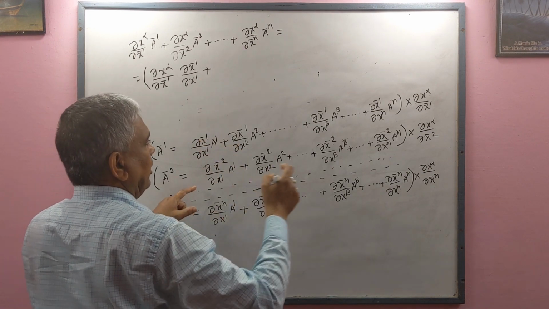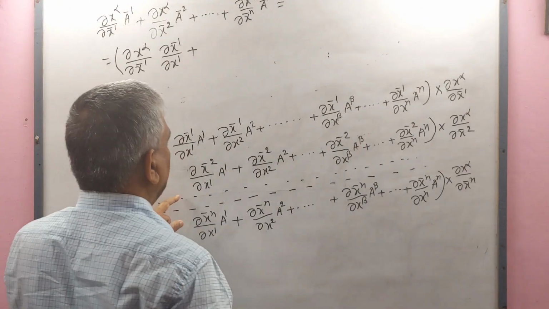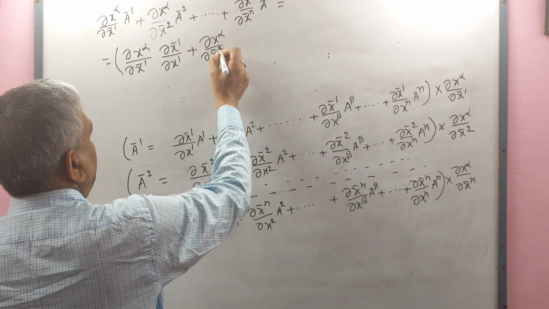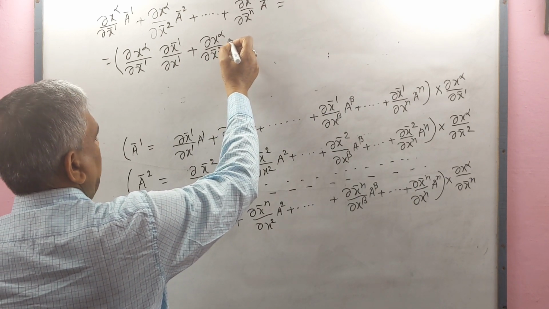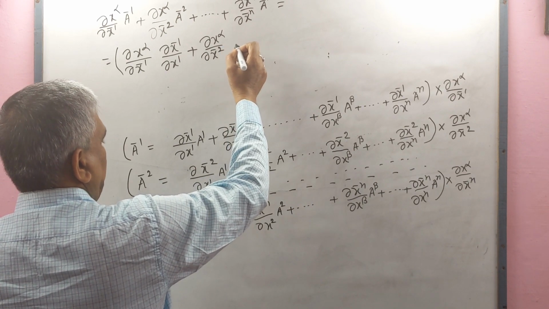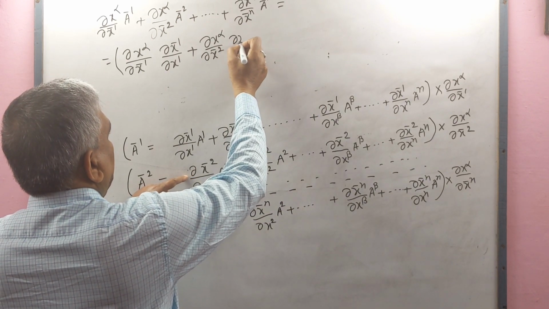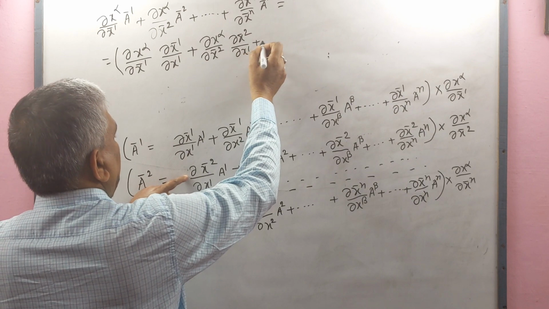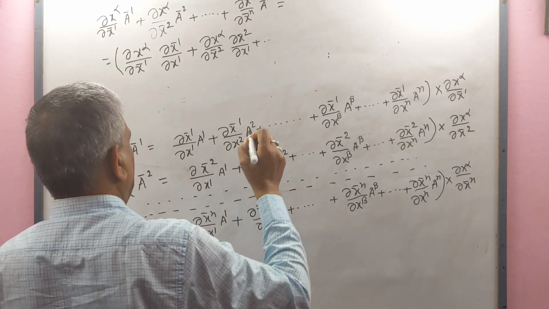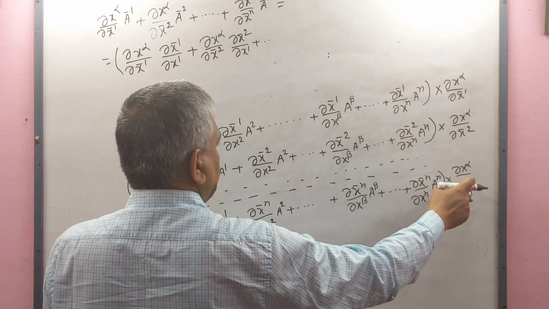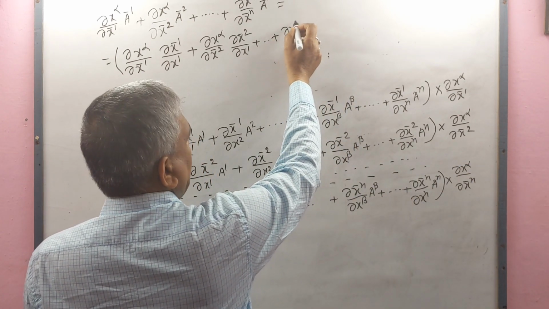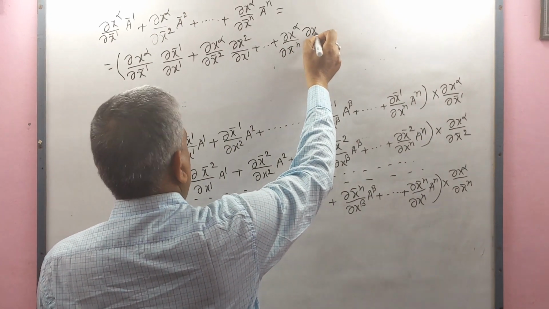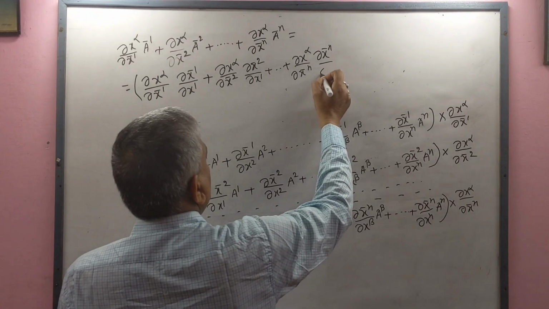So adding the second line, multiplying by del x alpha by del x bar 2, del x alpha by del x bar 2, a1 and del x bar 2 by del x1, and so on, del x alpha by del x bar n, del x bar n by del x1.